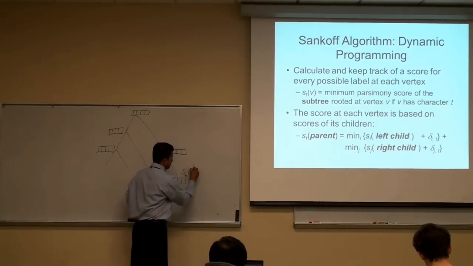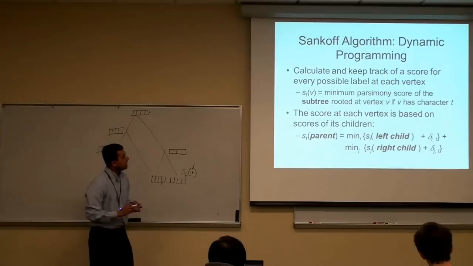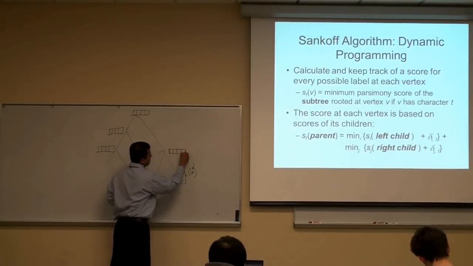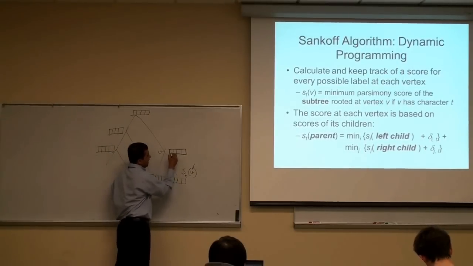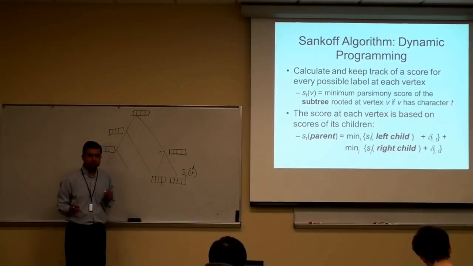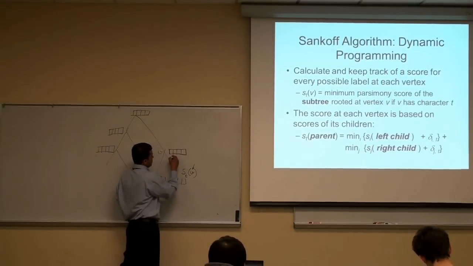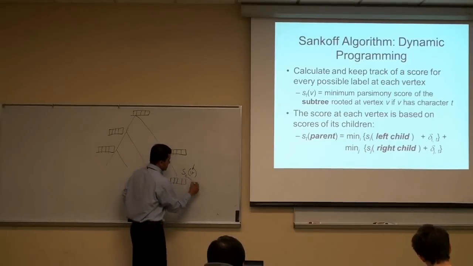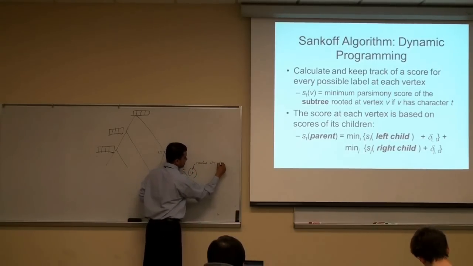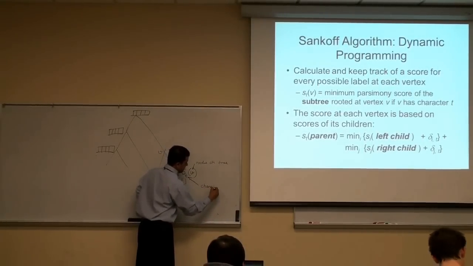So that's the V part here. And at each V, the table will have elements for each character. So that's the T part. So the V would be the nodes in the tree, and the T would be the characters in your alphabet.